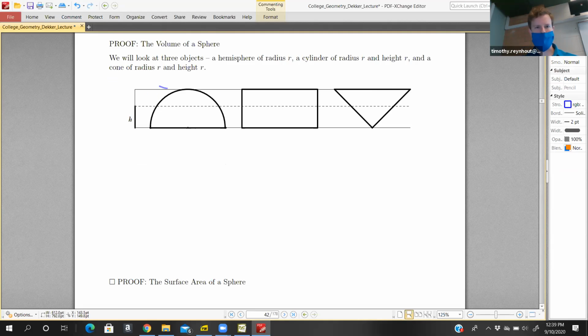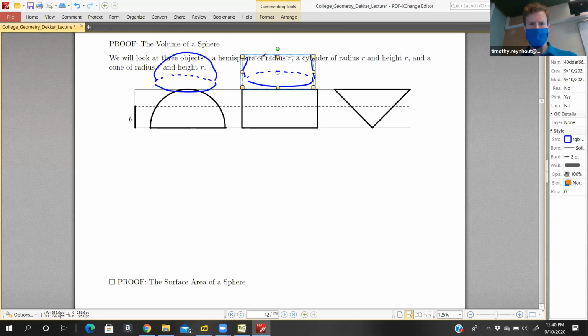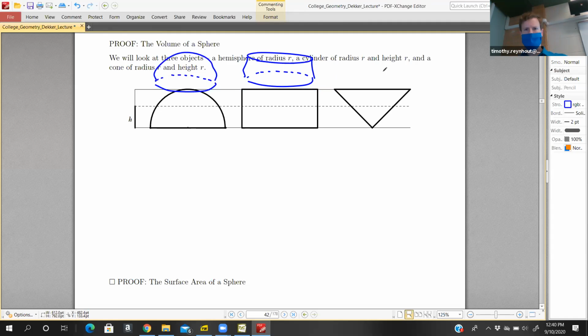So in the first spot we have a hemisphere, and then we have a cylinder, and we have a cone.